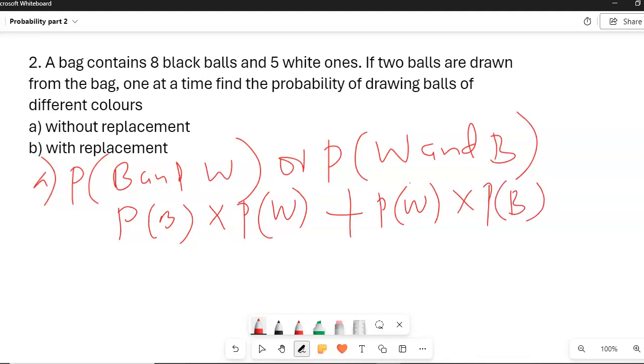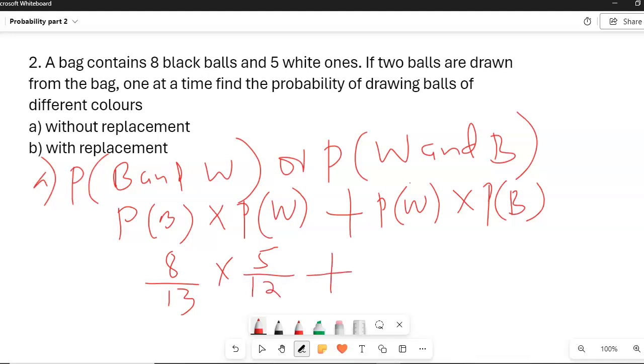So when we start with black, we have 8 black, so it is 8 out of 13 balls, since 8 plus 5 is 13. Now because we have drawn one black ball and we are not replacing it, the probability of getting a white one will be 5 white out of a total of 12 balls, because we have already removed one ball.